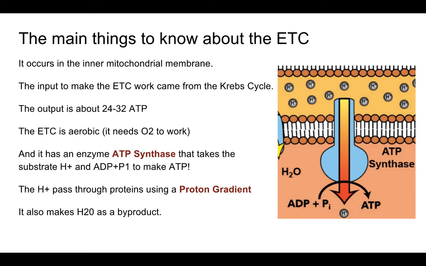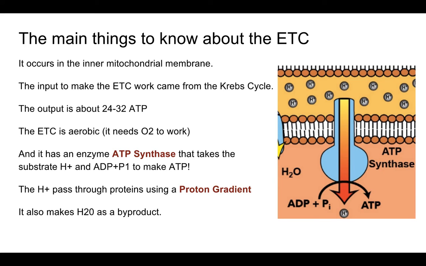The main things to know about the ETC is that it occurs in the inner mitochondrial membrane. Input of the ETC came from the Krebs cycle, and it makes a lot of ATP, about 24 to 32. It needs oxygen in order to work. It has this ATP synthase enzyme that is made out of proteins. All enzymes are made out of proteins.